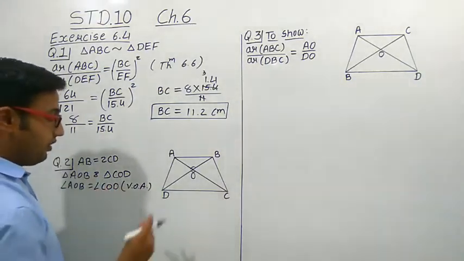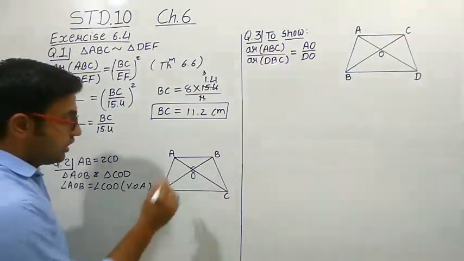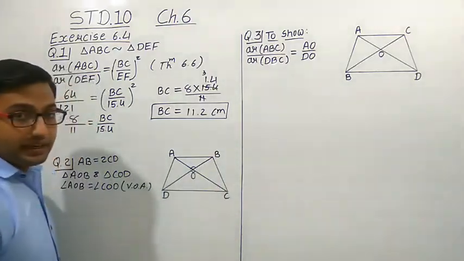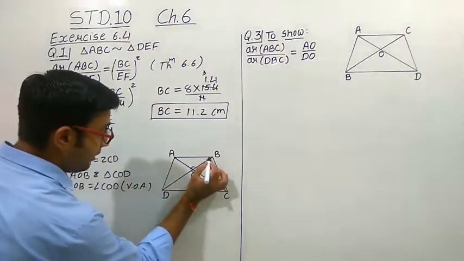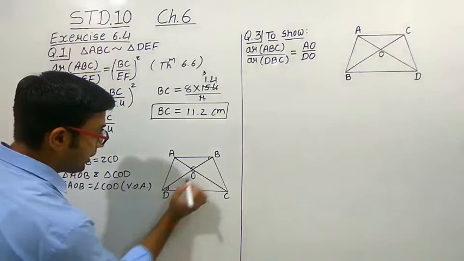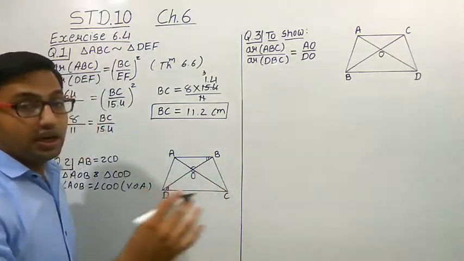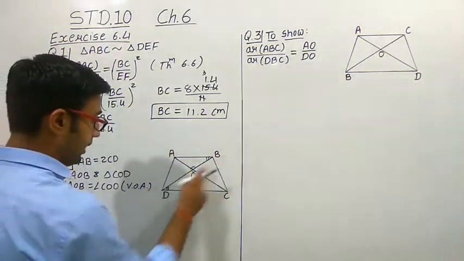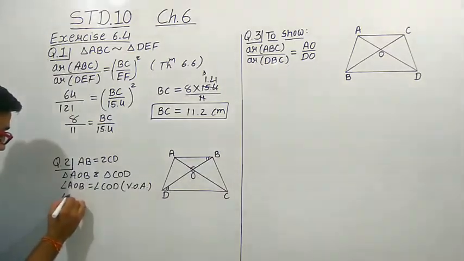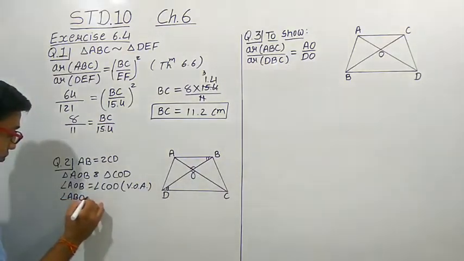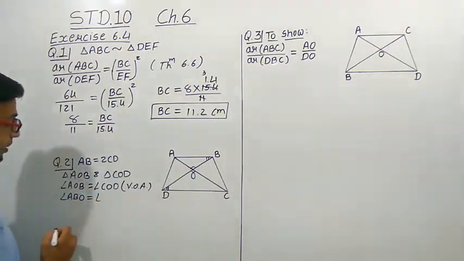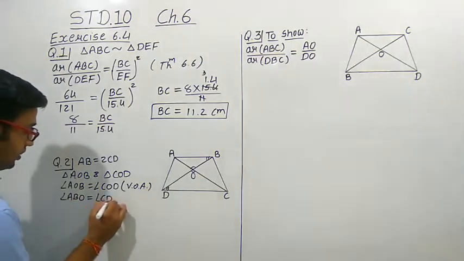Second condition, here we know that this is a trapezium. So line AB is parallel to line DC. So this angle and this angle will also become equal according to alternate interior angles. So we can write angle ABO will become equal to angle CDO.